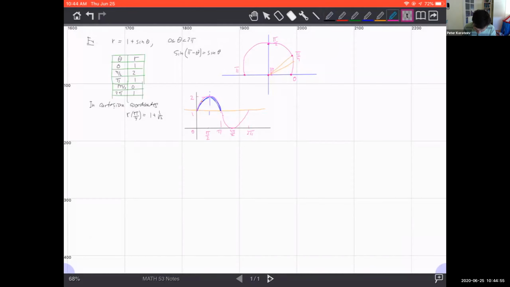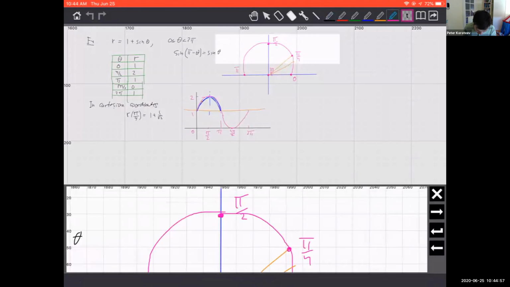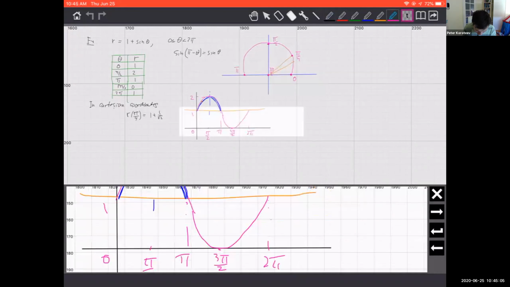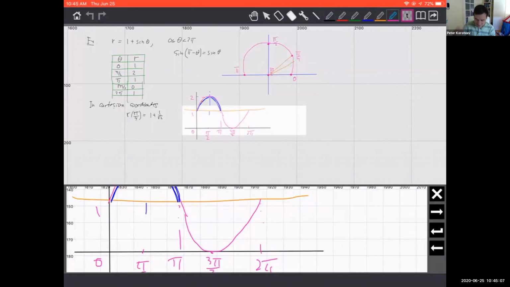Okay, and now we need to find out what happens between pi and 3 pi over 2. Again, we should expect symmetry relative to the vertical axis, because this and that are symmetric.